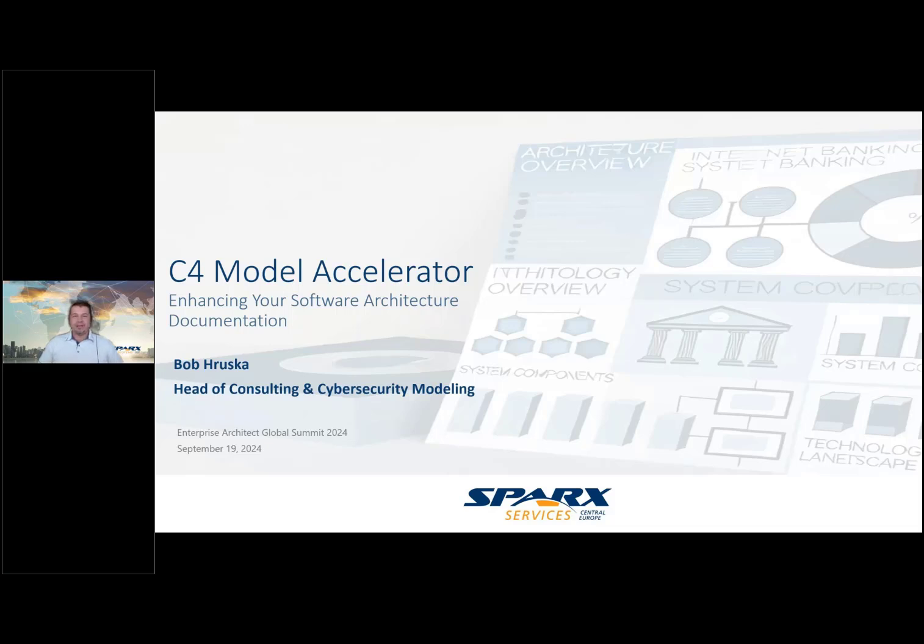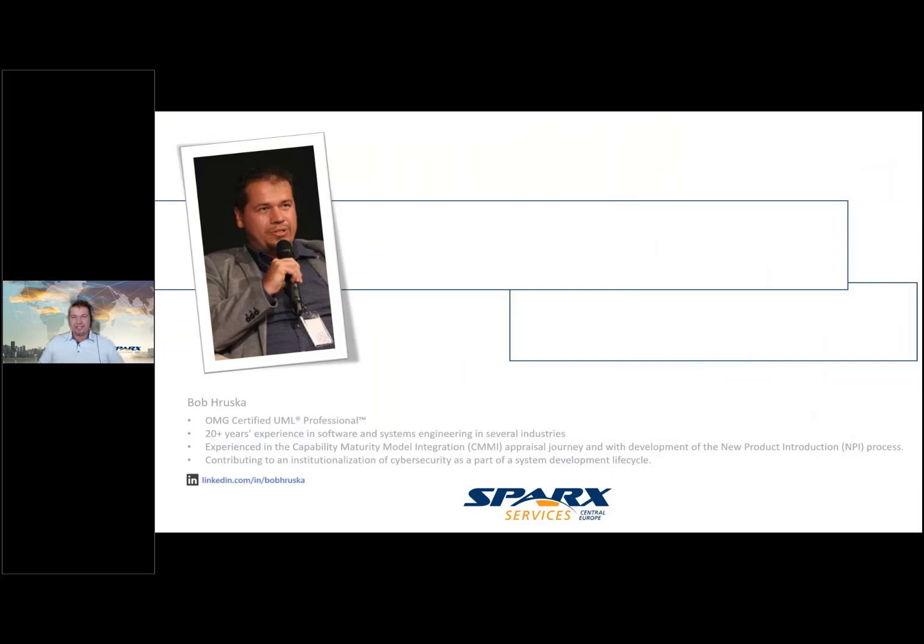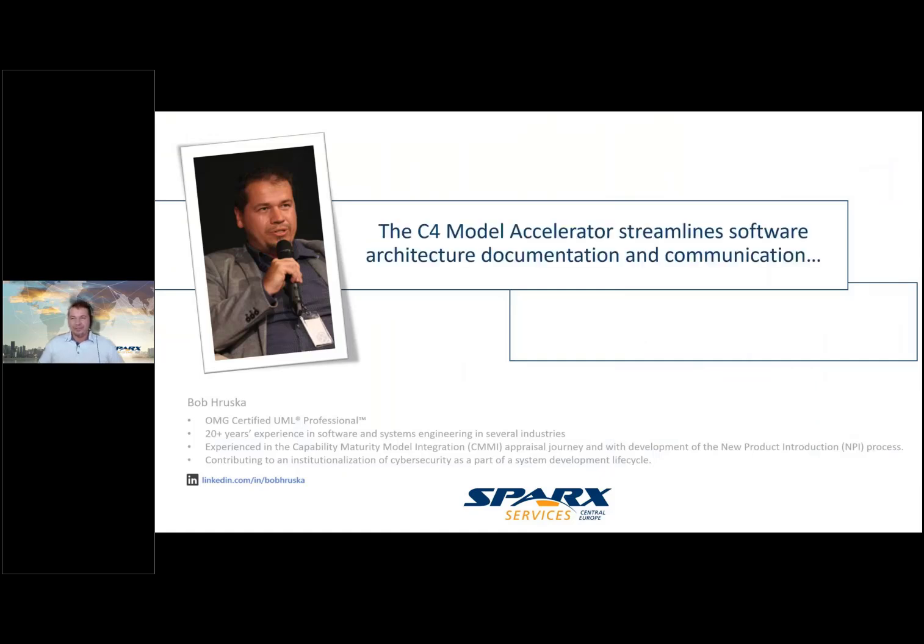My name is Bo Prushka, and I'm the head of consulting and cybersecurity modeling at Spark Systems Central Europe. I've been working in this field for over 20 years, focusing on using, building, and facilitating model-based thinking to deliver valuable systems and solutions to our customers. I'm also the author of the C4 model implementation in Enterprise Architect, which has helped countless organizations streamline their architecture documentation.